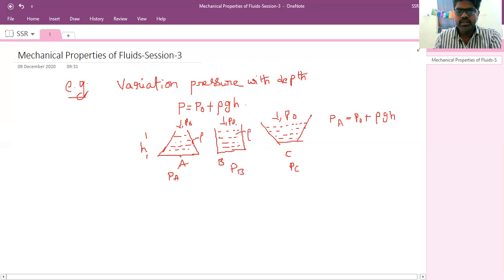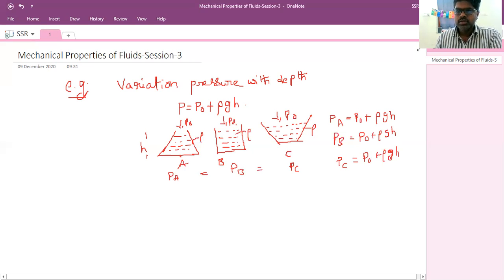All the liquids are the same, let us say water. PB is equal to P naught plus rho gh, and PC is equal to P naught plus rho gh, because of the same height, same liquid density, and same g. So from this it is understood that PA is equal to PB is equal to PC.